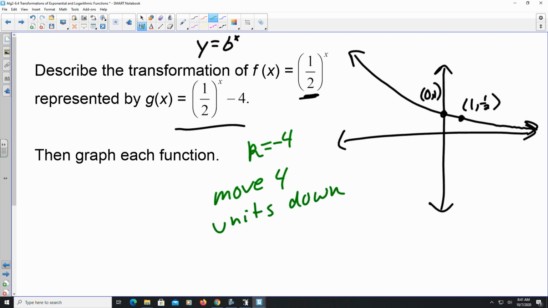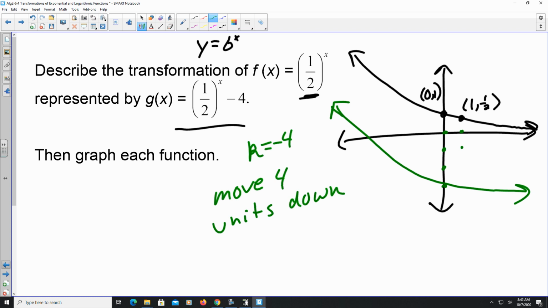So everything is going to move 4 units down: 1, 2, 3, 4. And the same thing goes here. I'll just move this down like so.